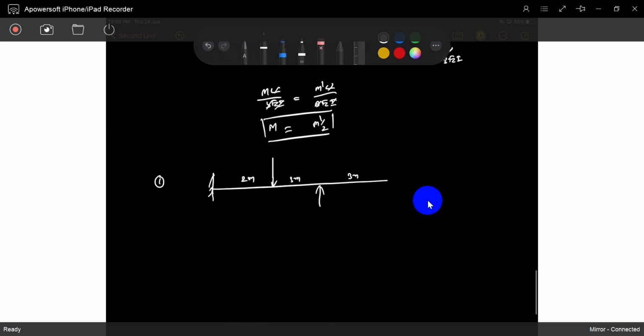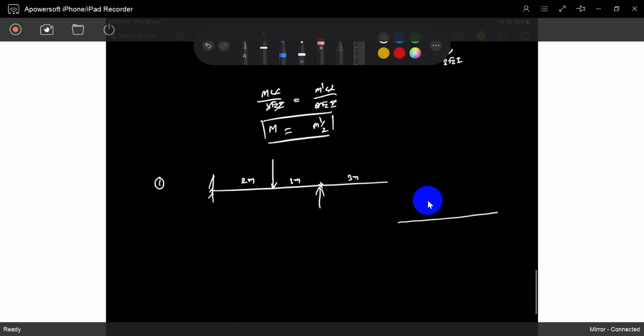How can you solve it? First you find the deflection at this point. Later, apply the force at R. So based on that, RL cube by 3A is equal to the deflection at this point.